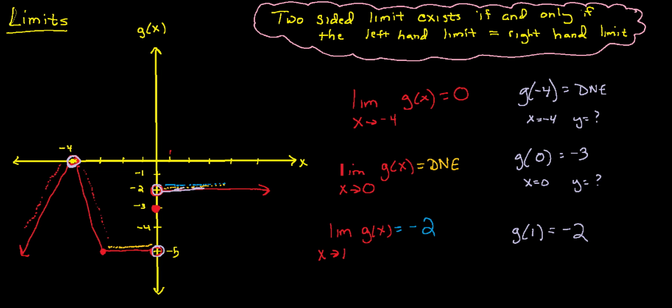When we go to talk about continuity, when the two-sided limit is equal to the value of the function, this means you have a continuous function, or the function is continuous at that point.